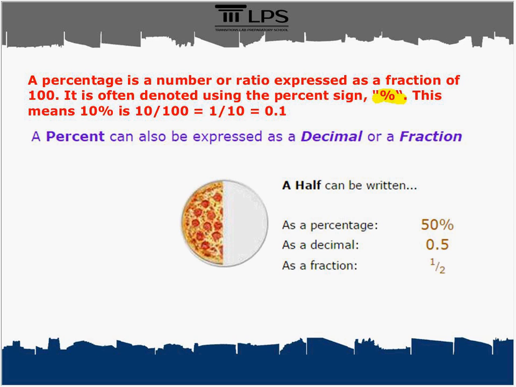It can also be expressed as a decimal or a fraction, as a percentage: 50%, as 0.5, and as 1 by 2.